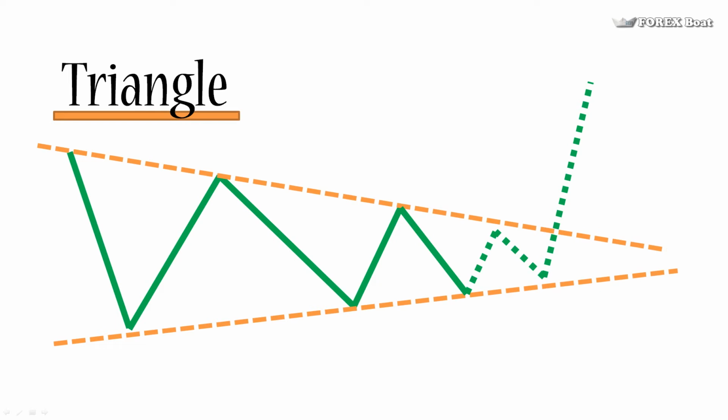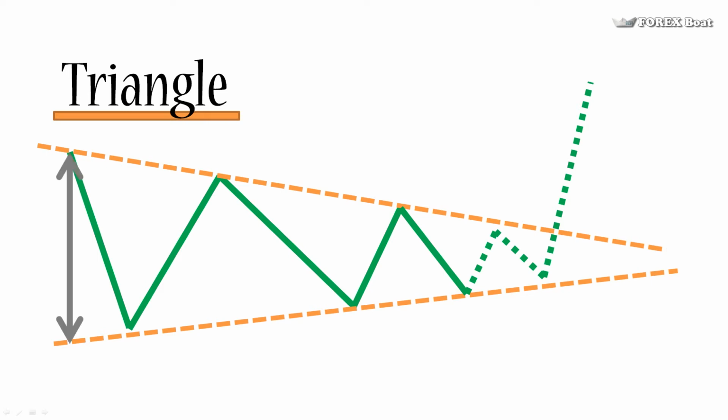So the triangle will progress towards very close to its end, and then the market will exhibit an impulse and the price will shoot out up or down. And that's exactly what we will be taking advantage of. So the triangle is also a very good pattern because it actually gives you targets.